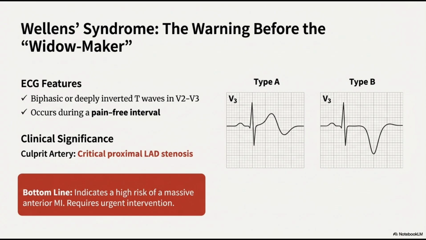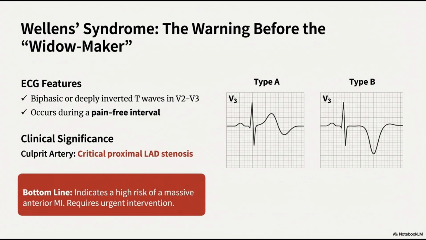But crucially, this often happens during a pain-free interval. The patient might have had pain an hour ago, but now they feel better. So a less experienced clinician might think the worst is over. Exactly. And the risk is they get sent home only to have a massive, devastating anterior MI hours later. That electrical signature is warning you that the LAD is poised to completely shut down. It demands urgent intervention. Wow.